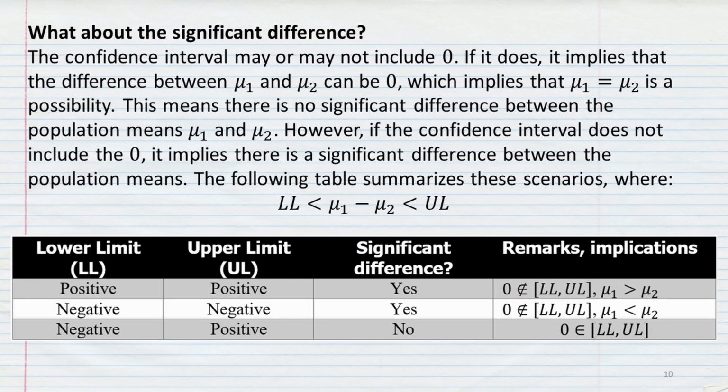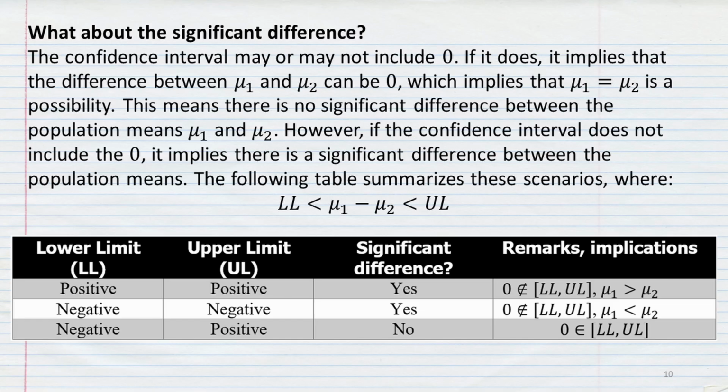What about the significant difference? The confidence interval may or may not include 0. If it does, it implies that the difference between mu1 and mu2 can be 0, which implies that mu1 equals mu2 is a possibility. This means there is no significant difference between the population means mu1 and mu2.